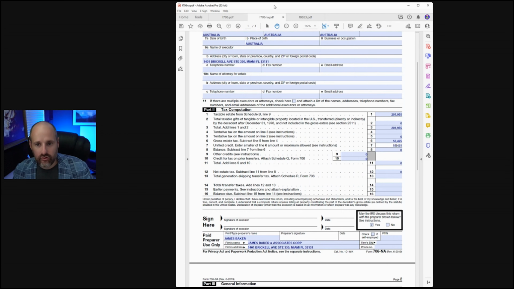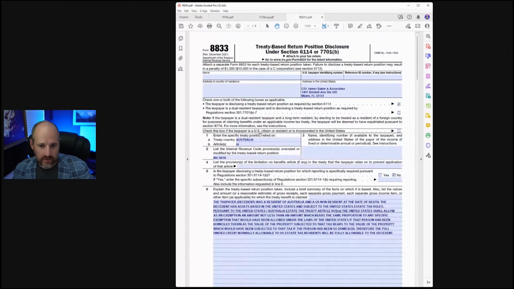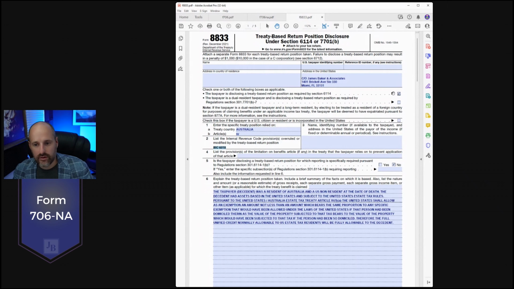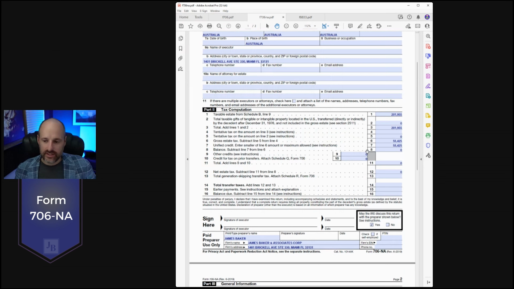And then if you have a treaty, which we're claiming here, we're claiming the Australia-U.S. Tax Treaty, Article 4. This is the code section. It's overruling. These are my explanations for doing it, and it's under 6114. And then we put all the information up here. So when you attach that with all the details, that allows us to use the full unified credit against this. Generally, this is subject to around 13,000 in credit.